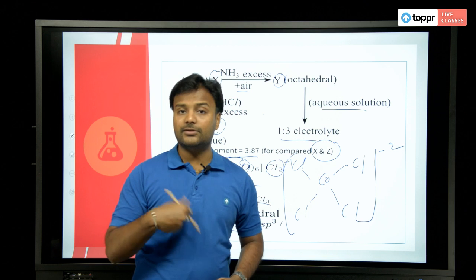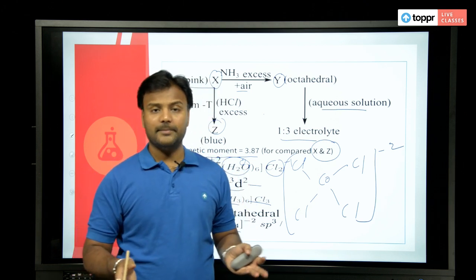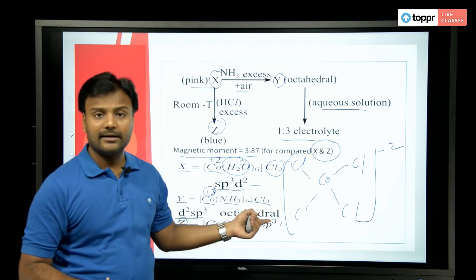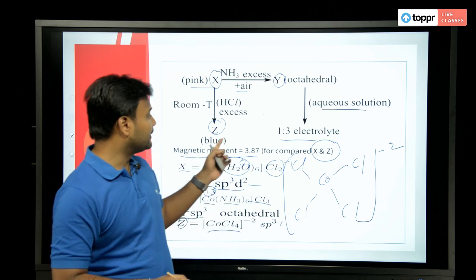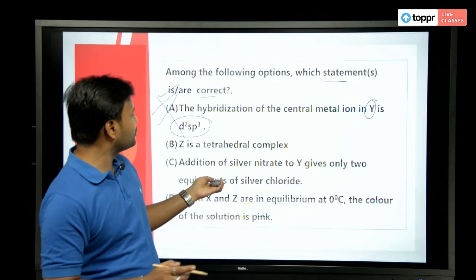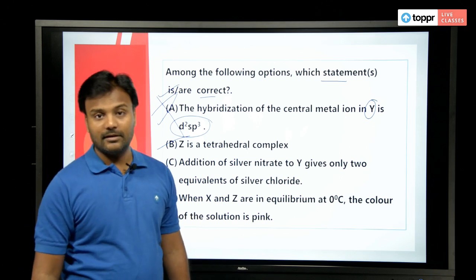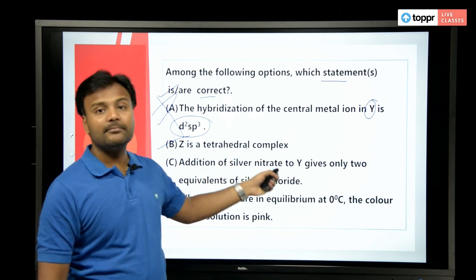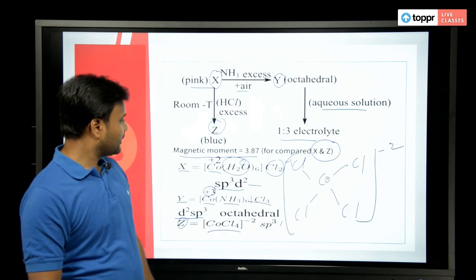You can work on the electronic configuration and check it out. So these are the 2 correct options: the first one and the second one, where Z is a tetrahedral complex.